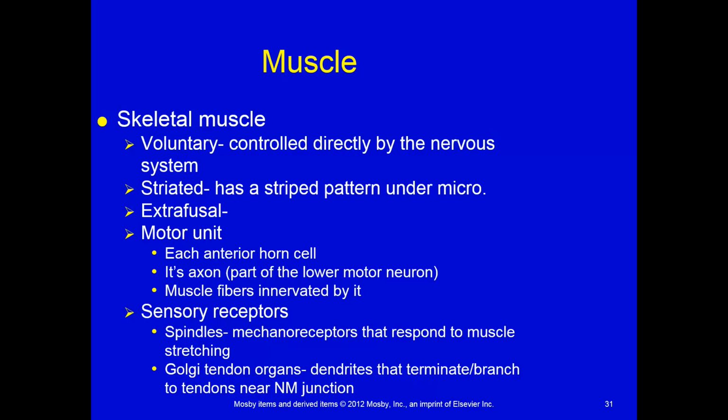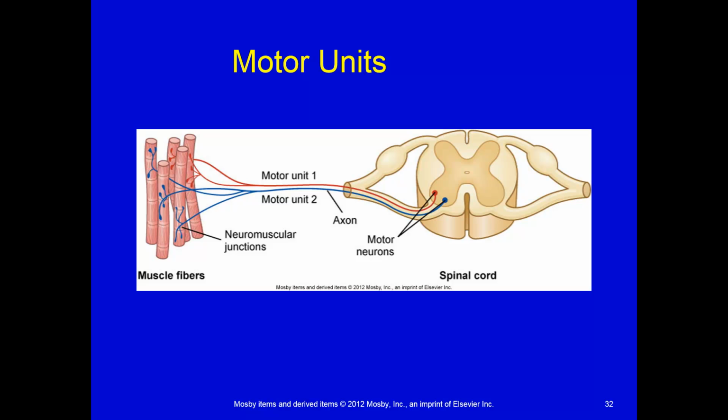Those cell bodies stay in the spinal cord, and the axon, which is literally part of those lower motor neurons that we talked about in the neurologic component, is what actually leaves the spinal cord and reaches out to the peripheral muscles, right? If you look at this picture, here are the cell bodies in the anterior horn.